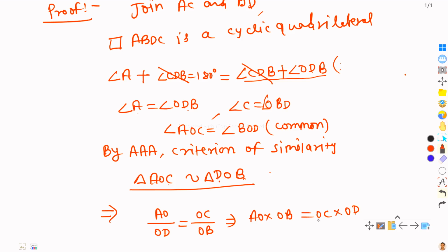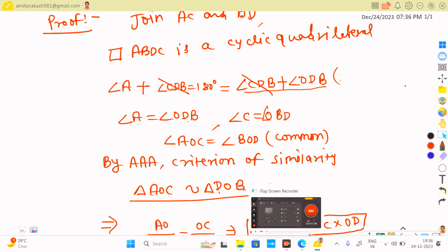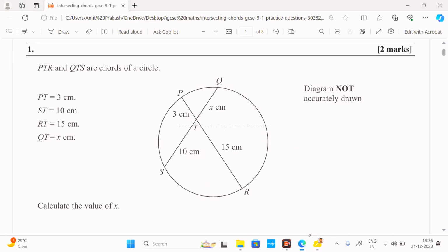Thus we have proved our theorem. If the chords intersect each other internally or externally, they are divided in such a way that the products of their segments are equal. Now we will explain how to solve problems based on this theorem.